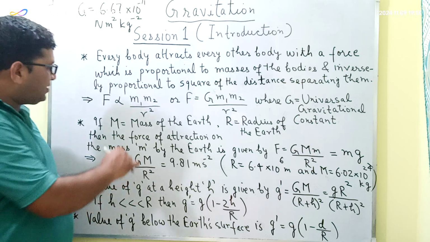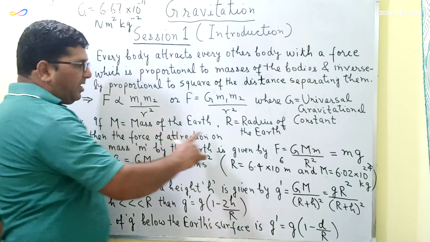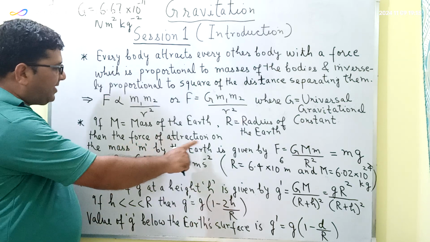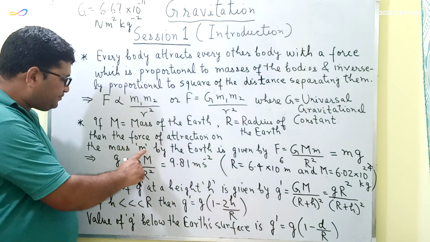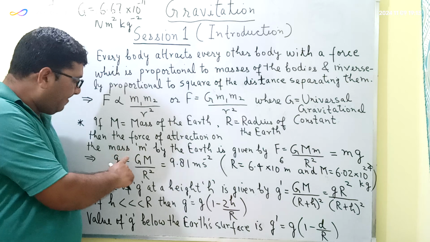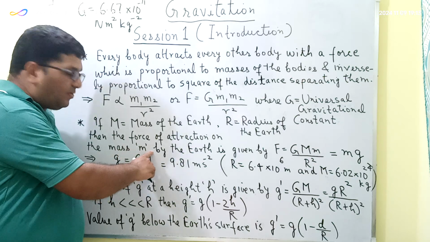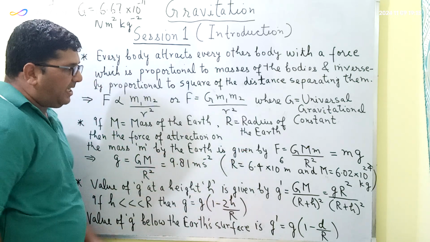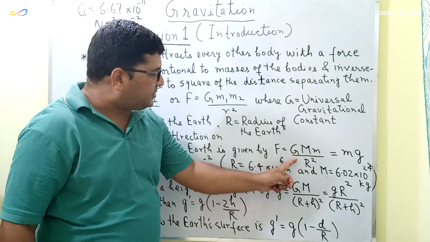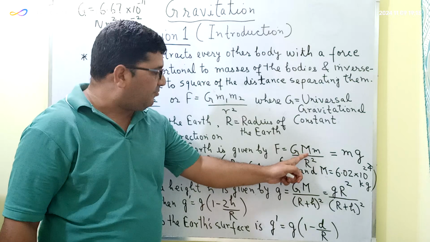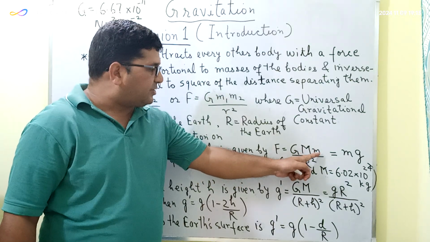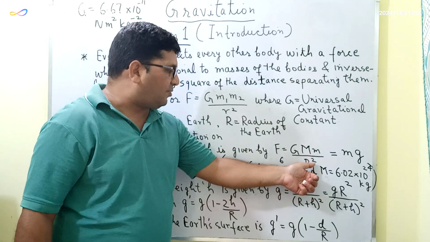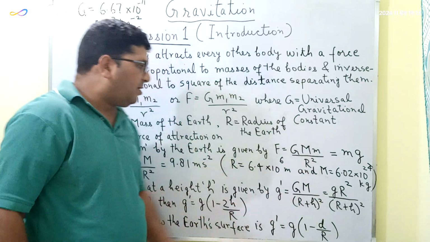Now if the mass of the earth is capital M and if the radius of the earth is, say, capital R, then the force of attraction on the body of mass m, which is on the surface of the earth, can be written as F is equal to G capital M small m divided by R square. Here capital M is the mass of the earth, and small m is the mass of the body which is lying on the surface of the earth, and R is the radius of the earth.